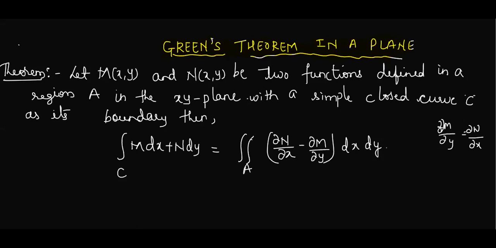No confusions, no mistakes. Remember the symmetry. So if M and N are two functions defined in some region A, and there is no contribution from the z plane, then by using Green's theorem we can write M dx plus N dy in terms of this double integration. Hopefully all of you have written the statement.